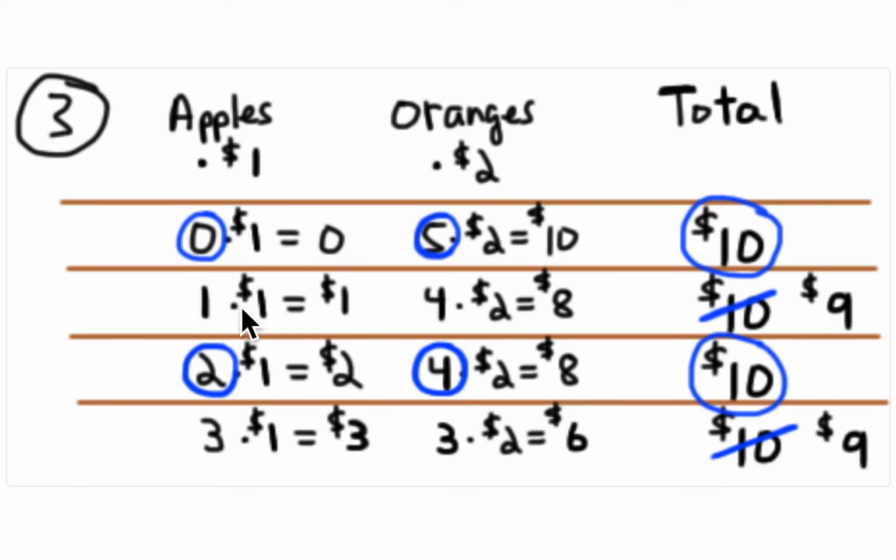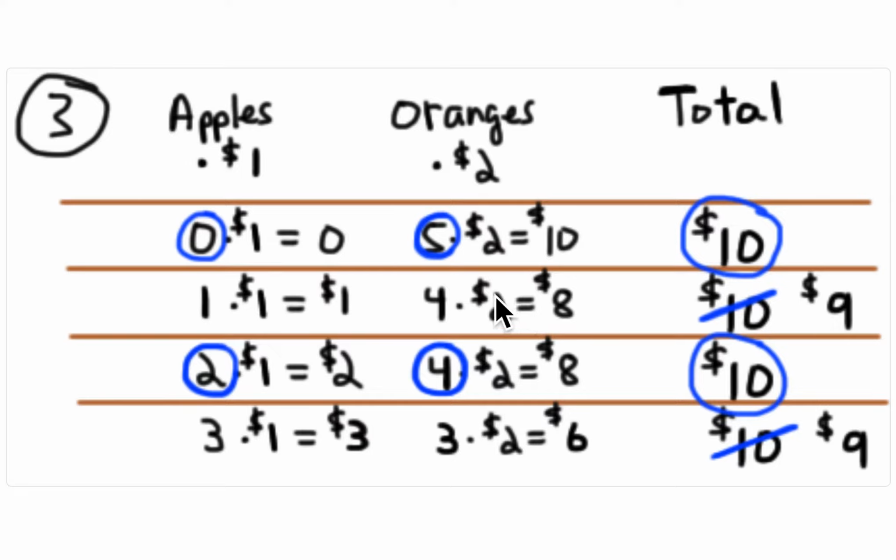But I cannot buy 1 apple and spend $10. If I buy 1 apple, then the amount of money I have left is $9. I can't buy a number of oranges that's going to equal the $9. I can buy 4 oranges and that equals $8, and I can buy 5 oranges that equals $10.